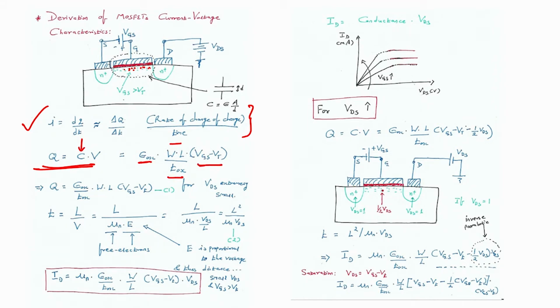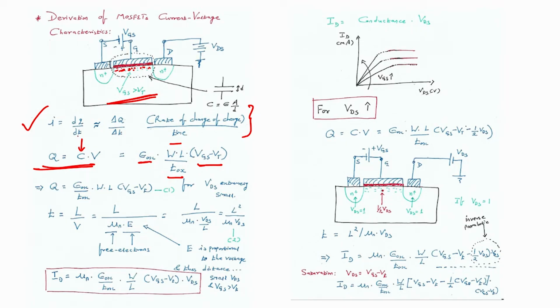Why VGS minus VT? Because only when VGS is greater than VT will the channel form. That is the minimum voltage responsible for forming the channel between source and drain.